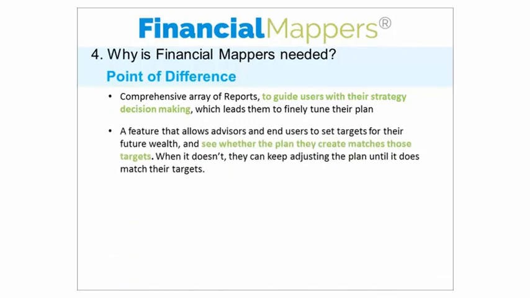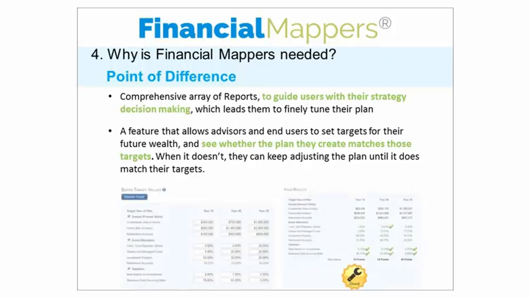Where else can you set a target for your net worth inside and outside of superannuation, your future home value, your future asset allocation, and future real rates of investment returns, and then test whether your multi-year plan is likely to meet those targets? This is an extremely valuable and distinctive feature of FinancialMappers.